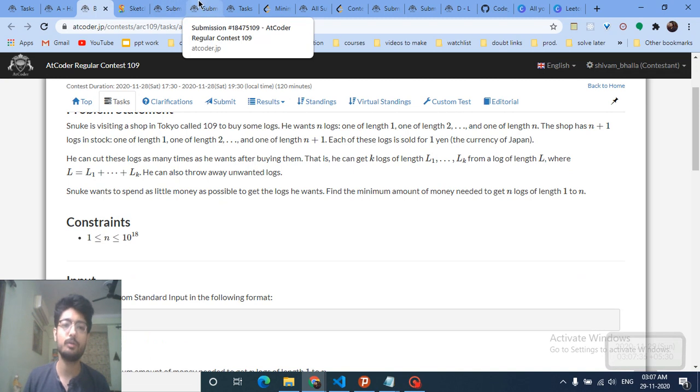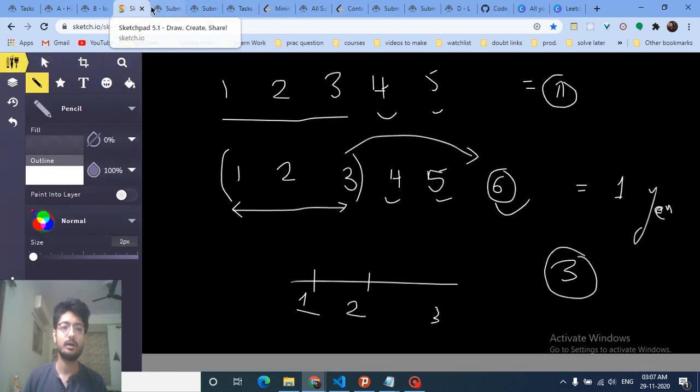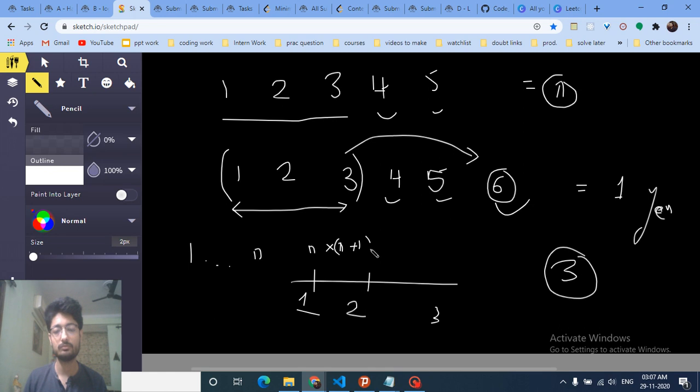But you know the formula for the summation of 1 till n numbers, which is n into n plus 1 divided by 2. As you know, this is equivalent to n square. This is the maximum number you want to find out, which is n plus 1.